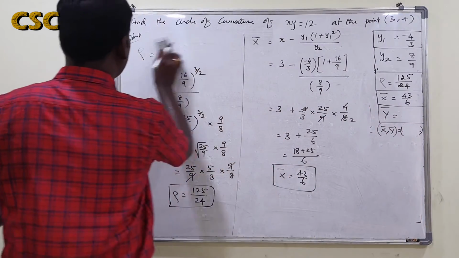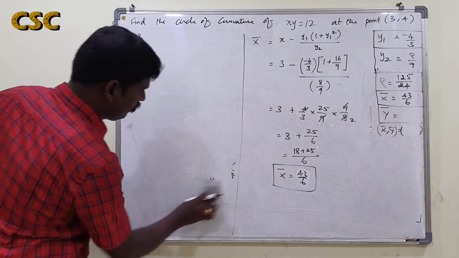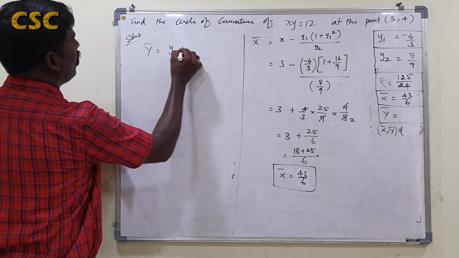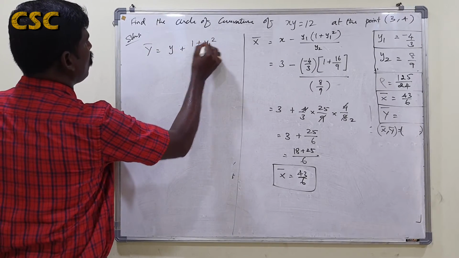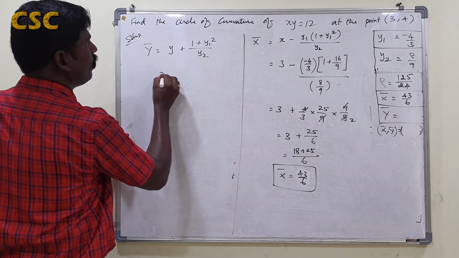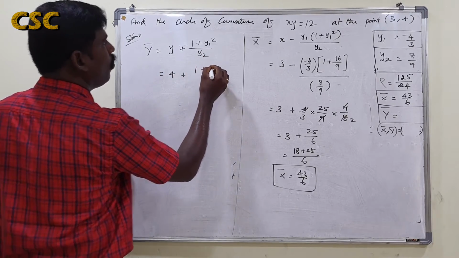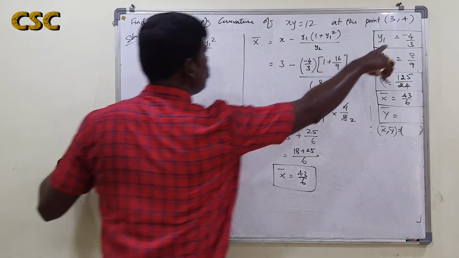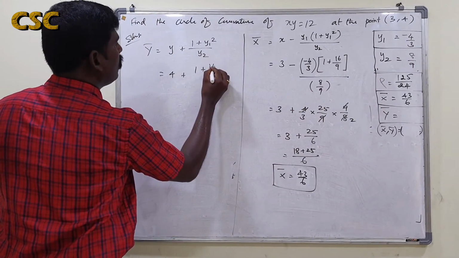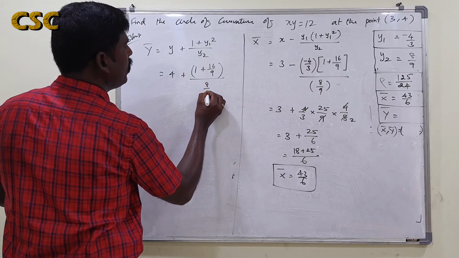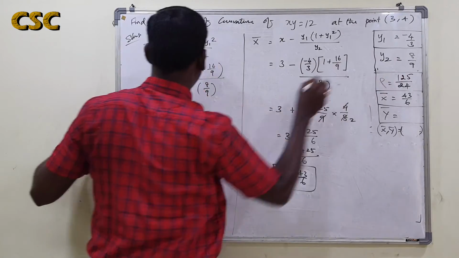And then, what is y bar? Y bar is equal to y plus 1 plus y1 square by y2. What is the value of y? 4 plus 1 plus y1 square. Y1 square is 16 by 9. 16 by 9, I write it directly, by y2 which is 8 by 9, right?